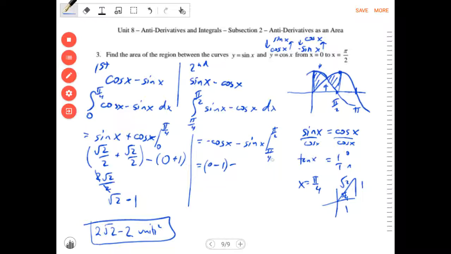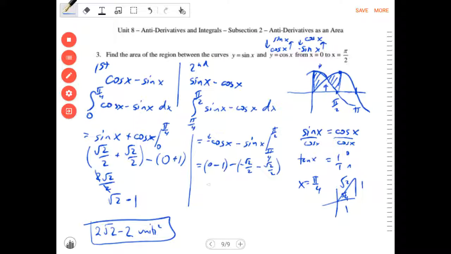Cosine of pi over 4 is 1 over root 2, or root 2 over 2, then times the negative, so that's negative root 2 over 2. And sine pi over 4 is root 2 over 2 again, but subtracting, so that's minus root 2 over 2.